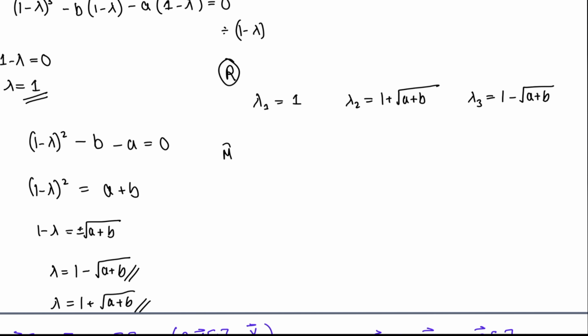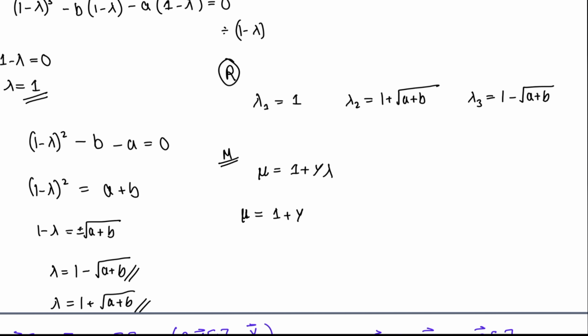We need to find the eigenvalues of M. To do that, the eigenvalues of M, if I call them mu, would just be 1 plus gamma times the eigenvalues of R, which are lambda.